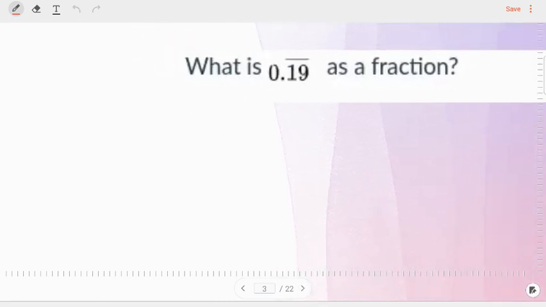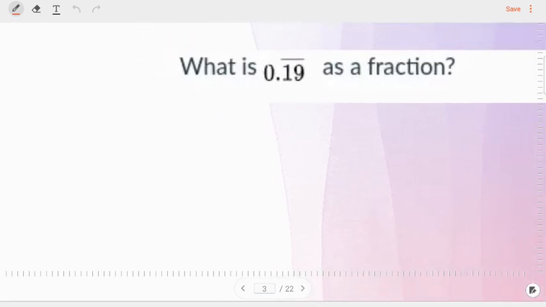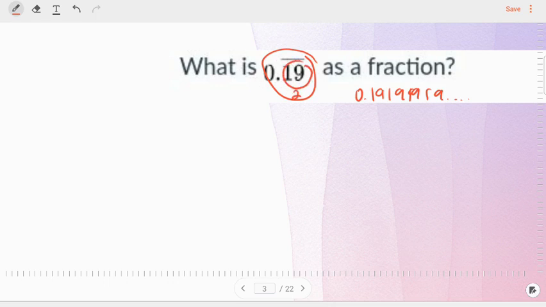Next, what is 0.19 repeating? So remember, that means that I have 0.19191919 repeating on forever. Remember, the rules for writing fractions that repeat are to count how many digits after that decimal place repeat. So I have 19, that is 2 digits. I'm going to make my fraction.